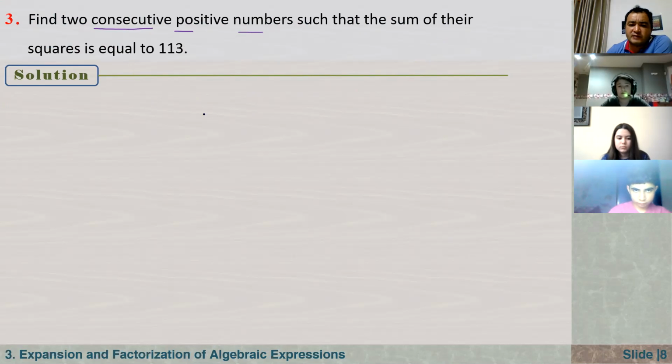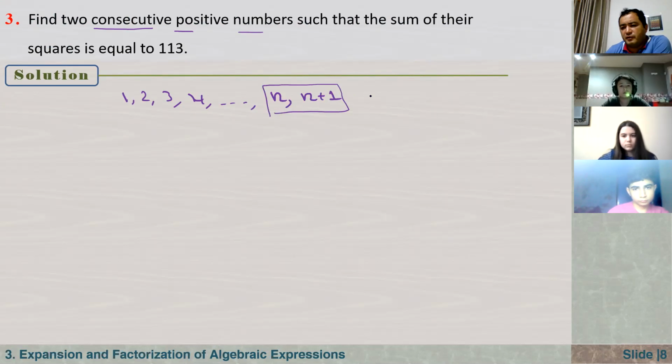So actually positive numbers, what are these numbers? If you just write here 1, 2, 3, 4, and so on. If this number is n, the next number should be n plus 1, right? And the difference between any two consecutive numbers here is 1. So we are talking about these two numbers. These numbers are consecutive because they are followed by each other.